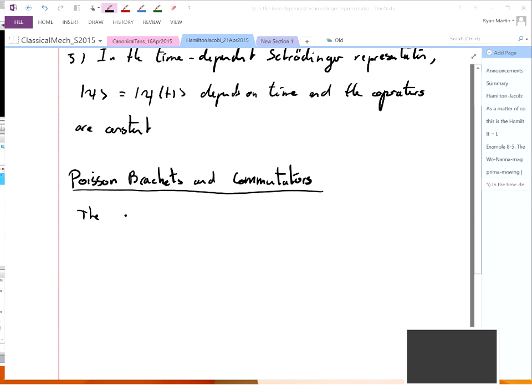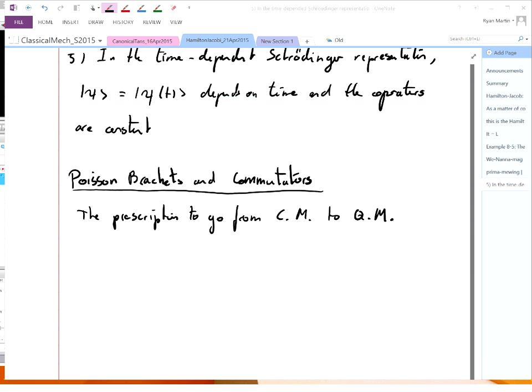So the prescription to go from classical mechanics to quantum mechanics is that you start with classical mechanics, where we have Poisson brackets of functions of the canonical variables.